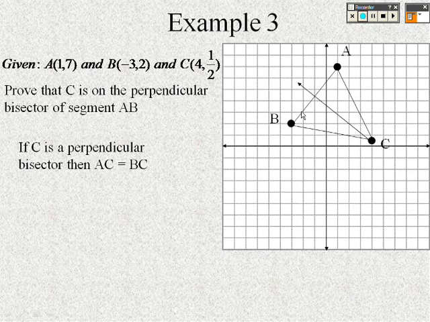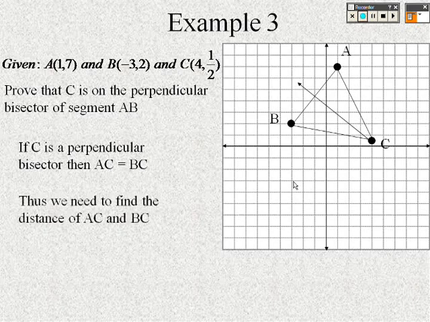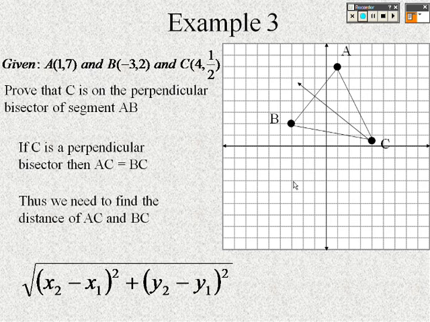That also cuts this in half, right? So if it cuts this in half, it's going to form two right triangles, and by side angle side, if you remember that from geometry, these sides also have to be equal, AC and BC. So for a variety of reasons there, we just need to find the distance of AC and BC is really all that we have to do here.